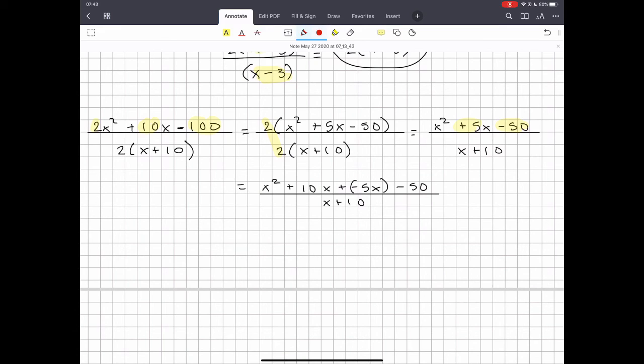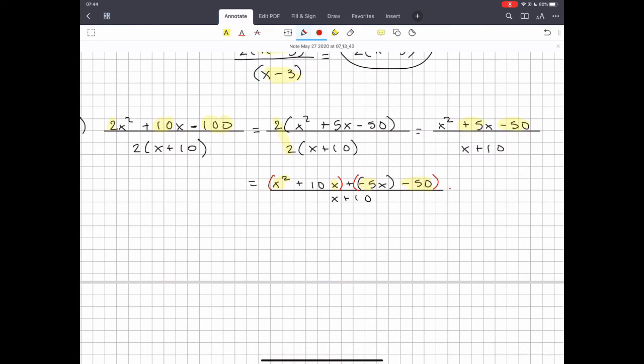And now I can group some of the terms here. And we can see that within the first set of parentheses, we have an x as a factor. And in the second set of parentheses, we have a negative 5 as a factor. I'm going to divide those out.